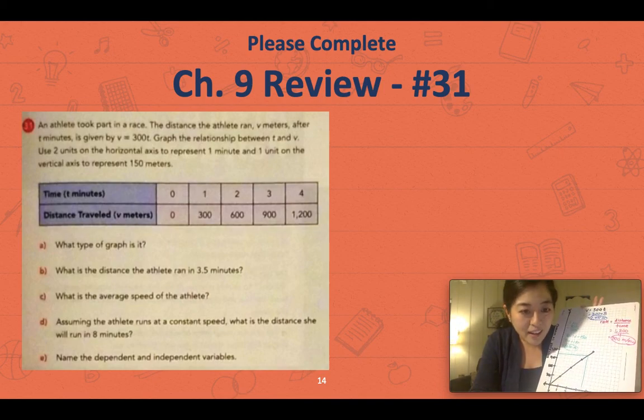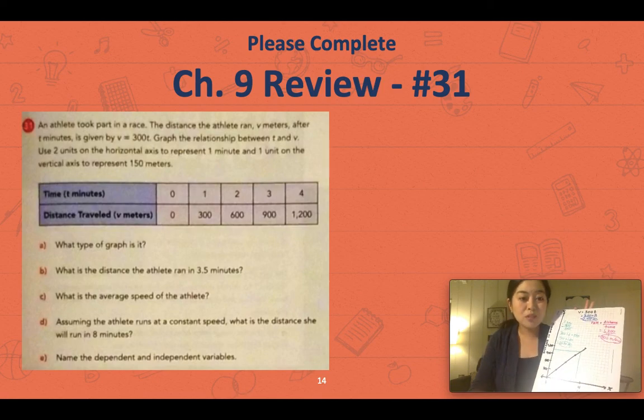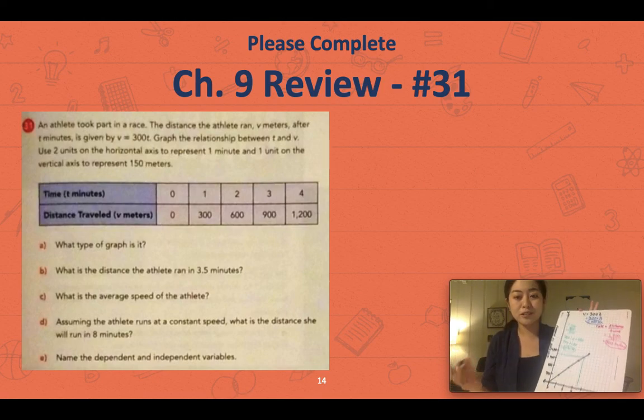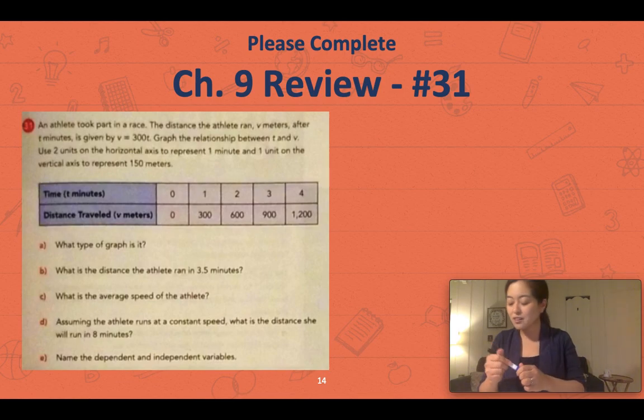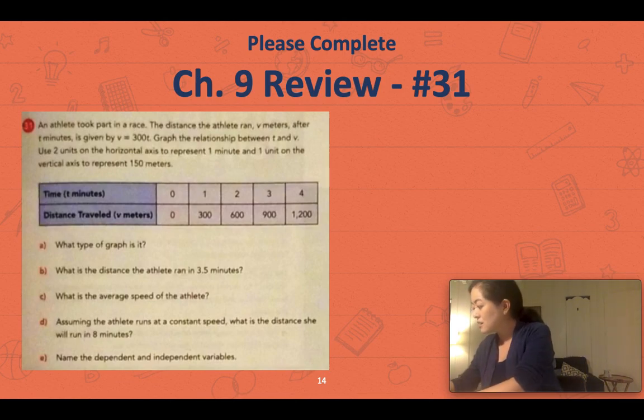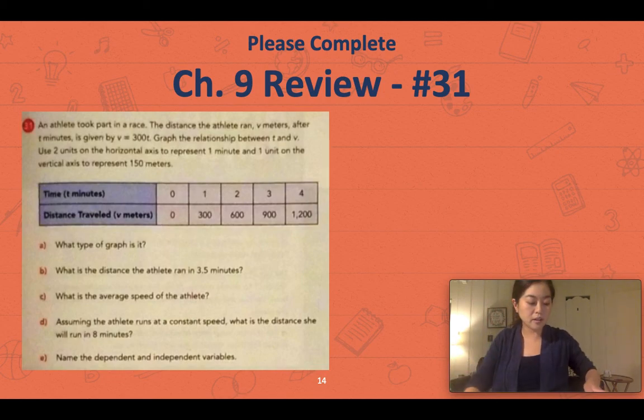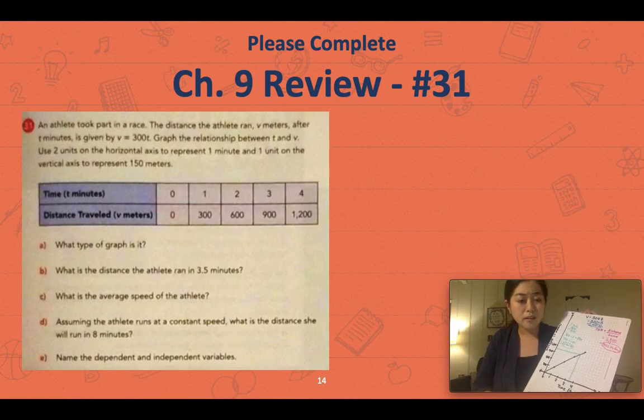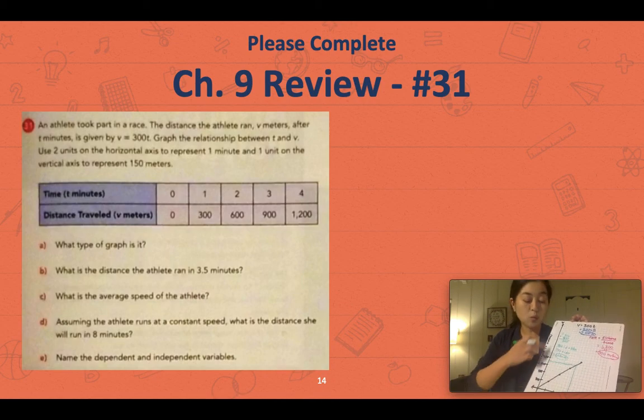Okay, now E. Name the dependent and independent variables. Oh, you know this. We talked about this, didn't we? Okay, so in bright green, you know that the dependent variable is the y-axis.